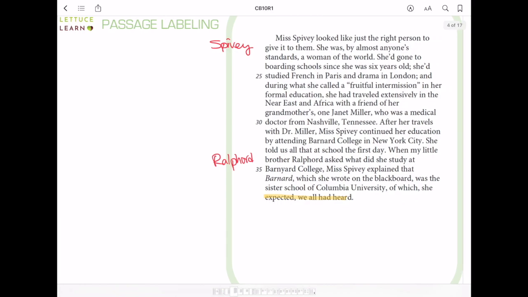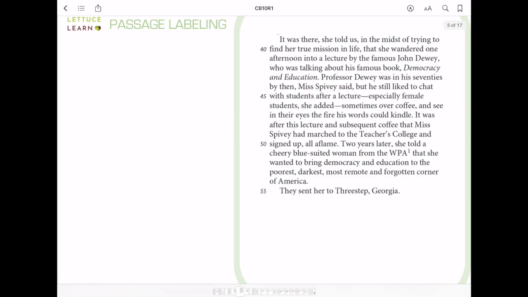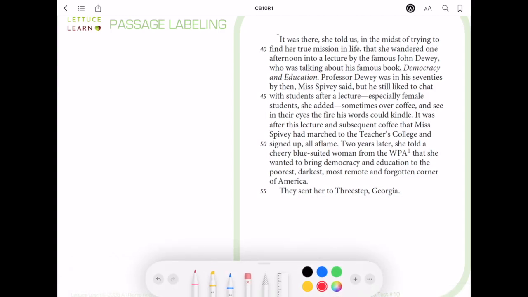Moving on. The third paragraph starts with Spivey's story, and we can quickly see that there's another character, Dewey. We can see that Spivey is trying to find something.